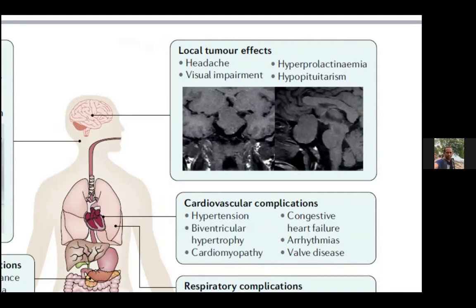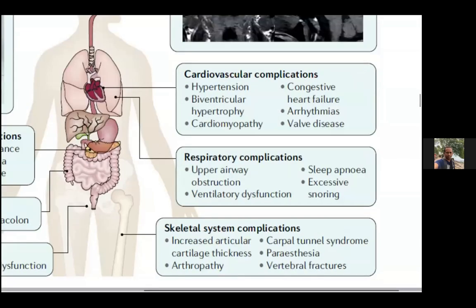Patients would have pressure symptoms like headache, and because of pressure over the pituitary stalk, your patients would have hyperprolactinemia and hypopituitarism. Coming to the cardiovascular complications, patients would have hypertension. Patients will have biventricular hypertrophy.